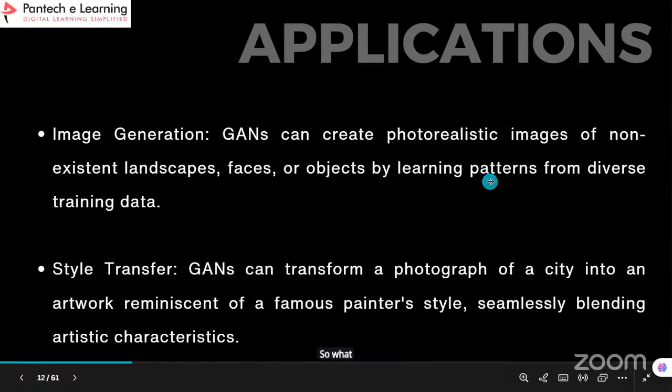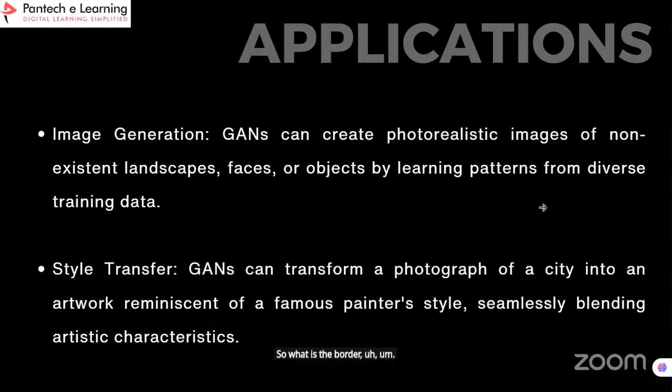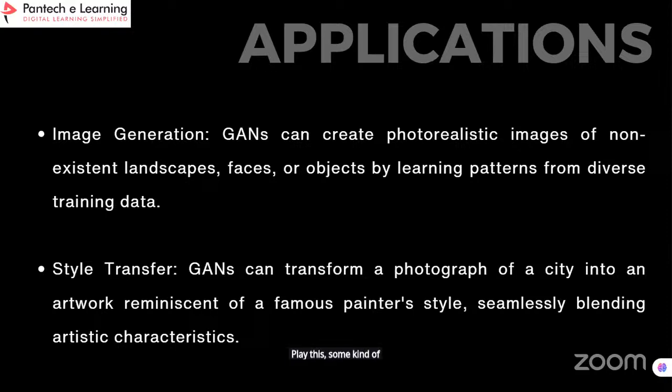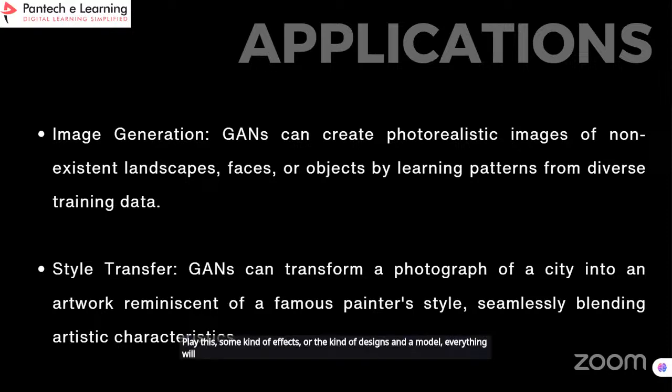So what do both reveal? In image generation, the generator creates an image based on realistic people, but it is not a real person. The style transfer applies some kind of effects or designs, and the model applies everything to the particular data.